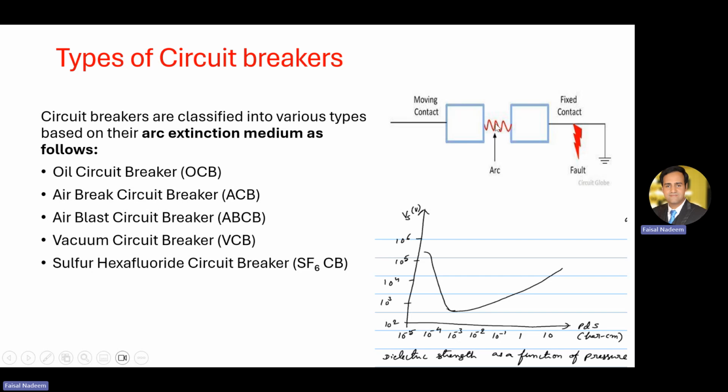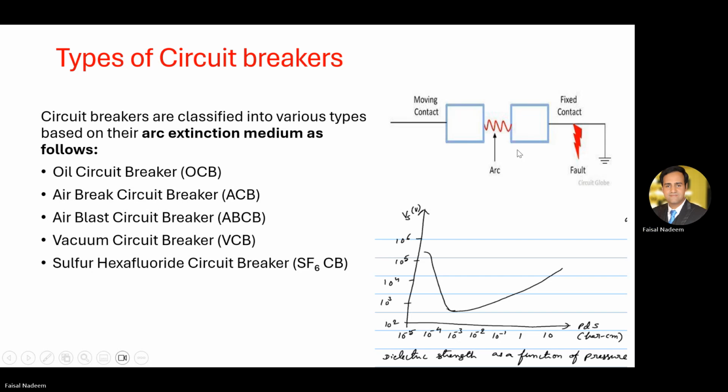Because of that, a distance occurs between the moving and the fixed contact. Because of that distance and the presence of electric potential between the contacts, an electric field arises. And because of that electric field, we have a plasma that ultimately leads to an arc.